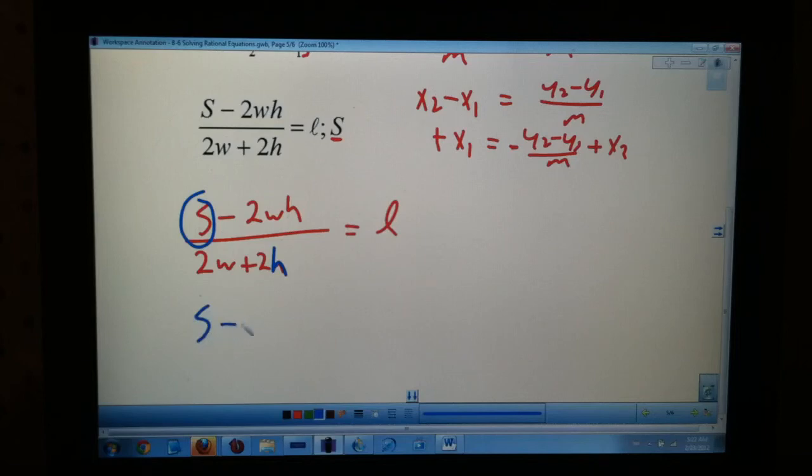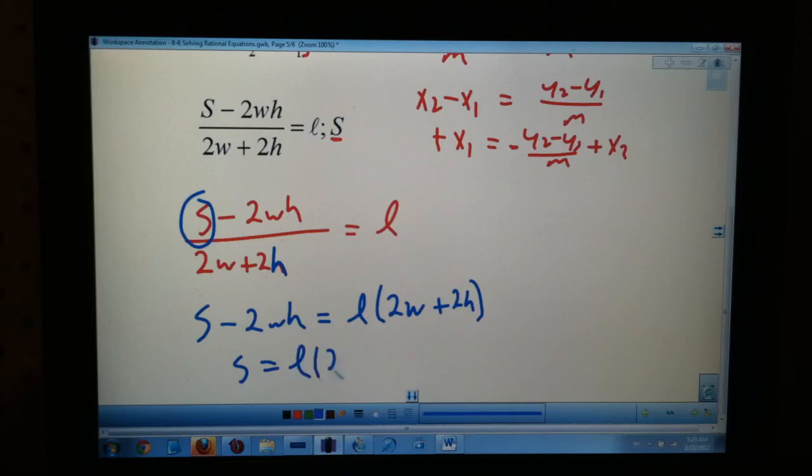So that would give me S minus 2WH equals L times 2W plus 2H. And then now I want to just move this over, so it's going to be S equals L times 2W plus 2H plus 2WH. And so we've solved for S.